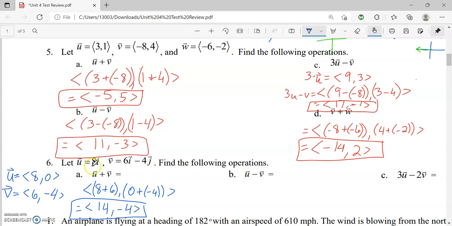It was just simply that your vectors had changed from component form to standard form. So now u minus v. u minus v says 8 minus 6, and 0 minus -4. So that's 2, comma, 4.